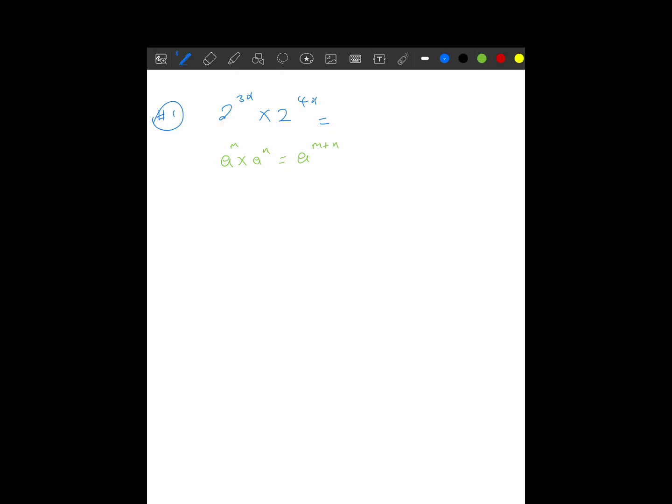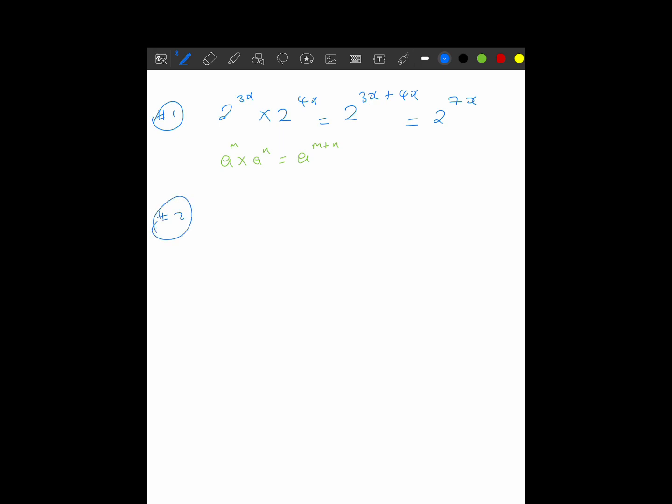You write the base, this is 2, and then I add the exponent. This is a multiplication sign, so I'm going to add the exponent. So it's going to be 3x plus 4x. Now, what is 3x plus 4x? That is 7x. So 2 power 7x. Does this make sense?